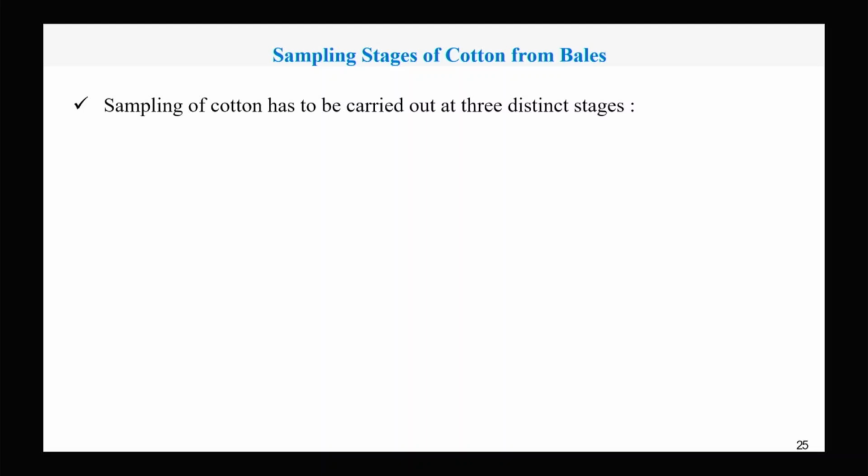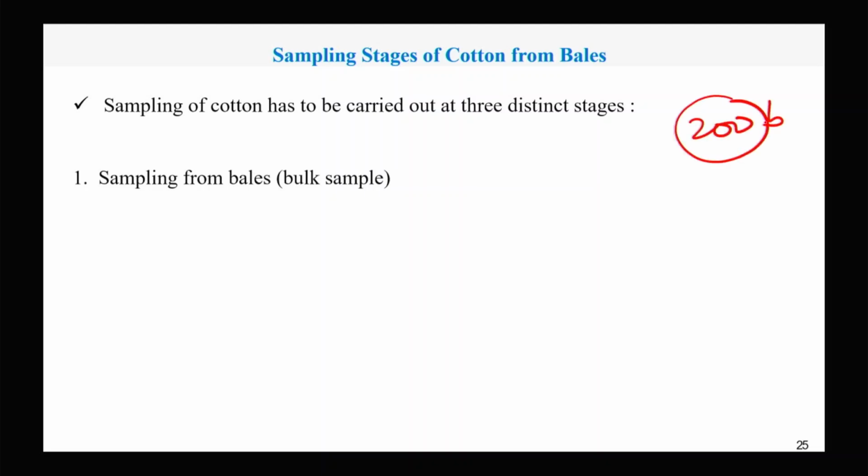Now, for cotton fiber from a bale, what are the sampling stages? The first stage is bulk sampling. Bulk sampling means, suppose I have got say 200 bales. We have to pick a bulk sample, say 1 kg of cotton, from the 200 bales.